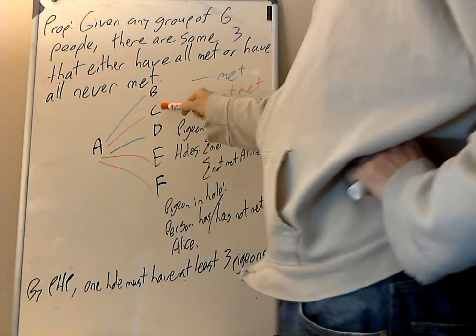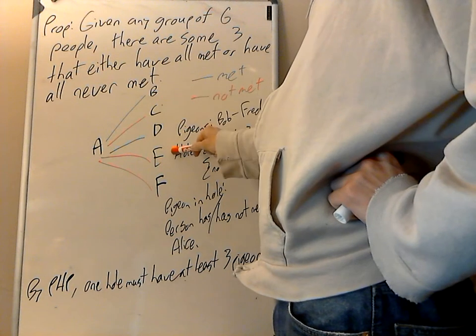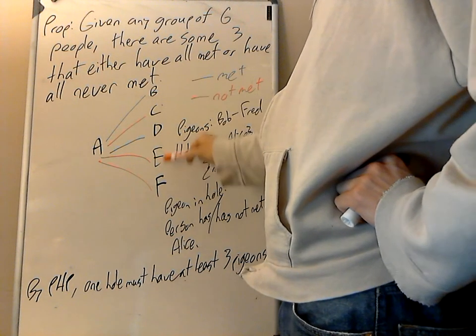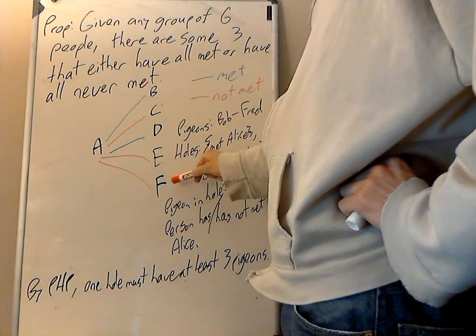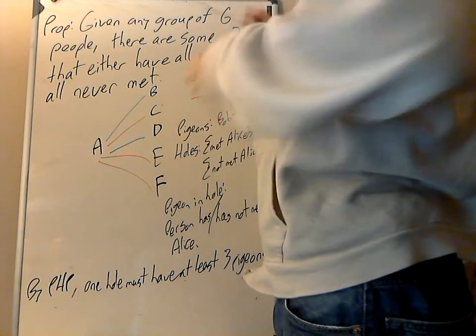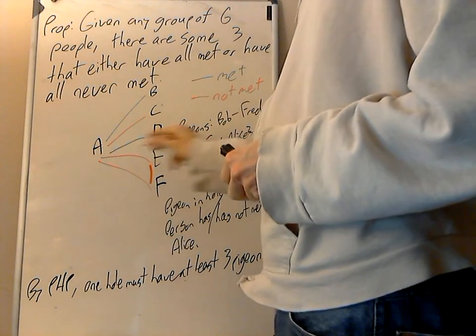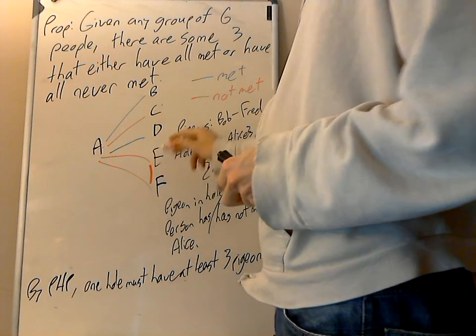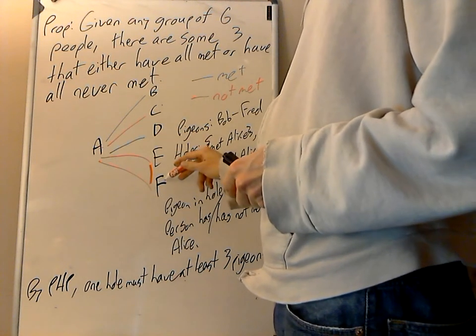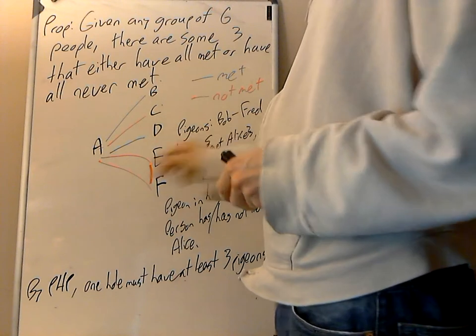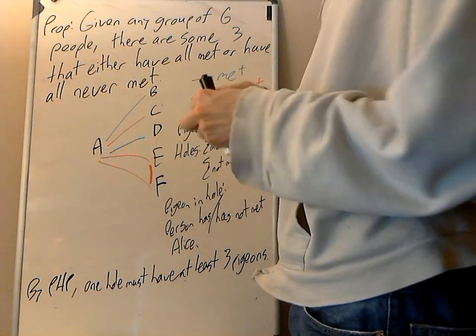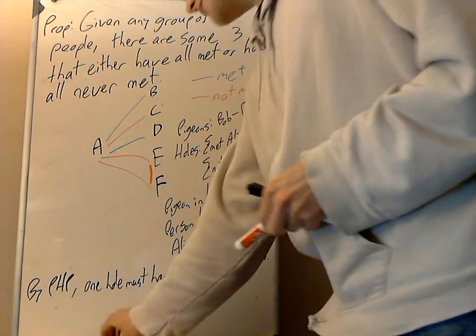If any pair of Charlie Eve, Charlie Fred, or Eve Fred have not met each other, then those 3 people, Alice and the pair that have not met each other, form a group of 3 that have all never met. So this is one case.